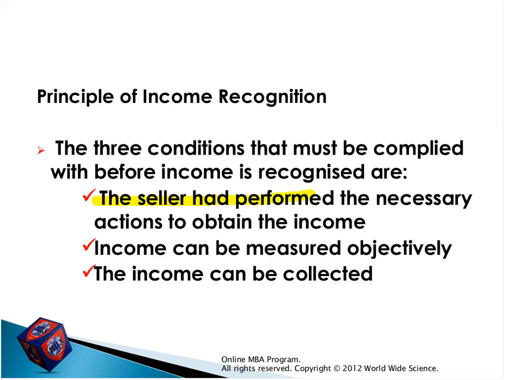Then, when the income can be measured objectively, that means when the income is measured in monetary units, in cash units maybe, or it may not be cash, it can also be a bank transaction. And as well, when the income can be collected, right? That means it is collectable in the future. For example, I am a seller.